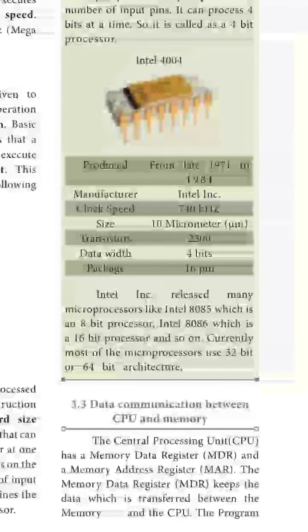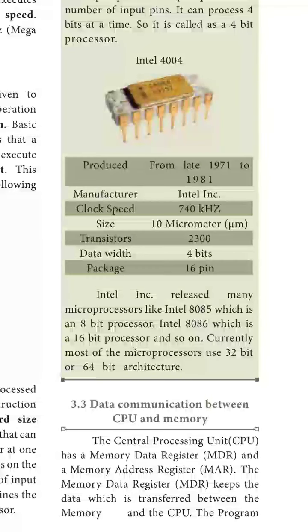Intel is the manufacturer of the microprocessor. Clock speed is 740 kilohertz, so 740,000, that is 7 lakhs 40,000 hertz.